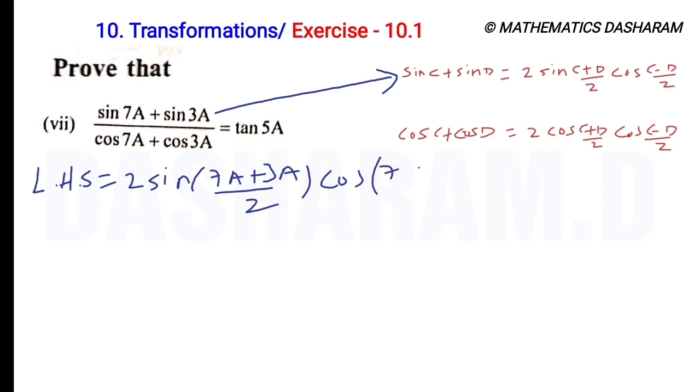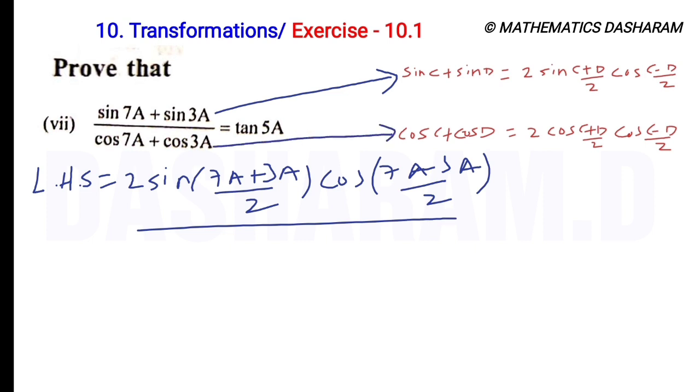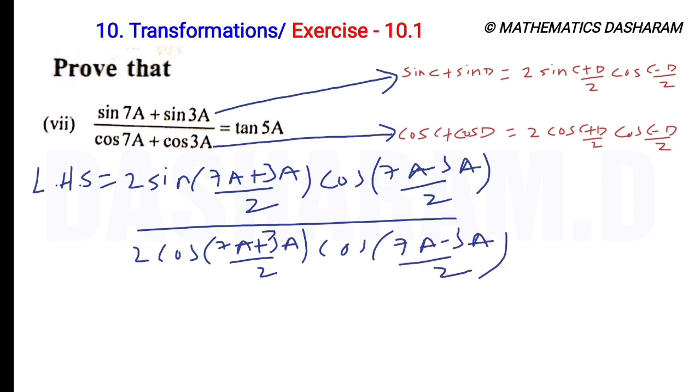So cos (7A minus 3A)/2, divided by, for the denominator, apply the cos C plus cos D formula: 2 cos (C plus D)/2, so (7A plus 3A)/2, into cos (C minus D)/2, (7A minus 3A)/2. Here both denominators get cancelled, and the 2 also.